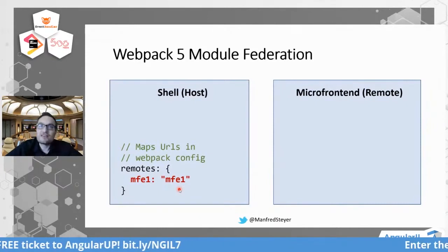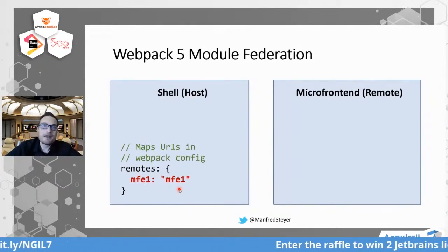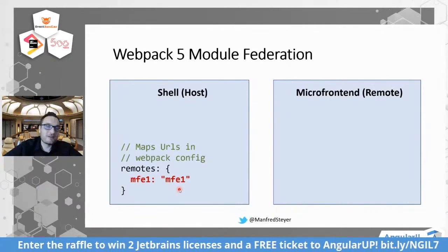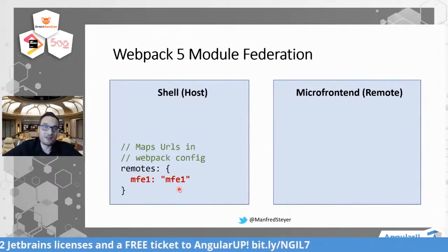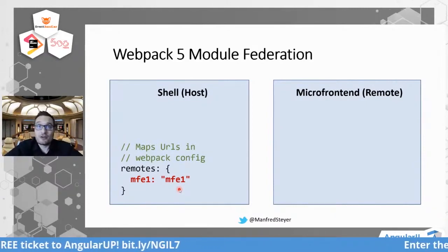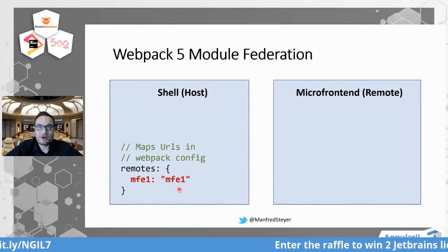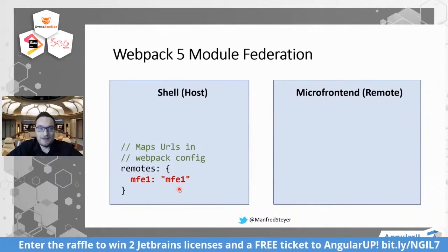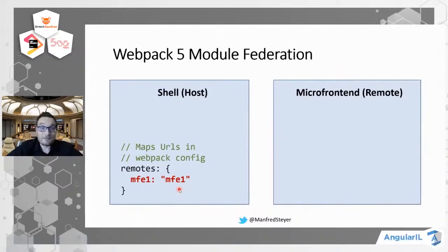In this case, it's a non-alias because I'm mapping MFE1 to MFE1, but you've got the point. It could have the name Manfred or Batman or something like this over there, which is always a good idea. Please always call as many parts of your application Manfred and Batman. So this is just an alias. This does not tell you where you can find this other micro frontend, the URL of the micro frontend. For this, we have several options, and I will show you those options in some seconds.